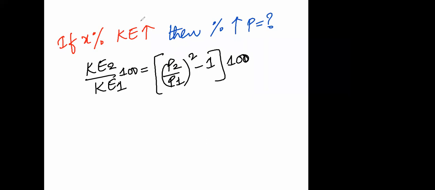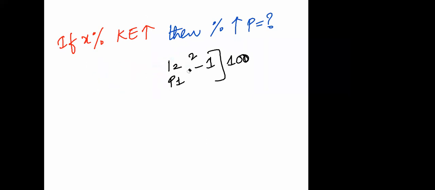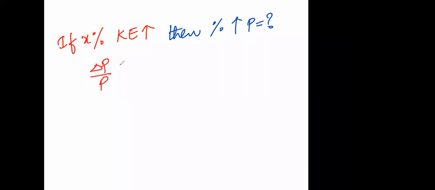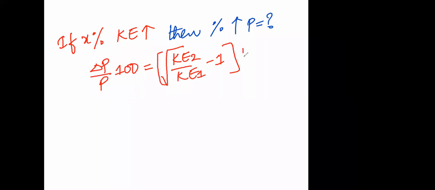Sorry, I wrote it reversed. If the kinetic energy is increased, then we have to calculate the percentage of increase in momentum. So delta P divided by P into 100 is equal to square root of KE2 by KE1 minus 1, into 100. This is the percentage of increase in momentum.